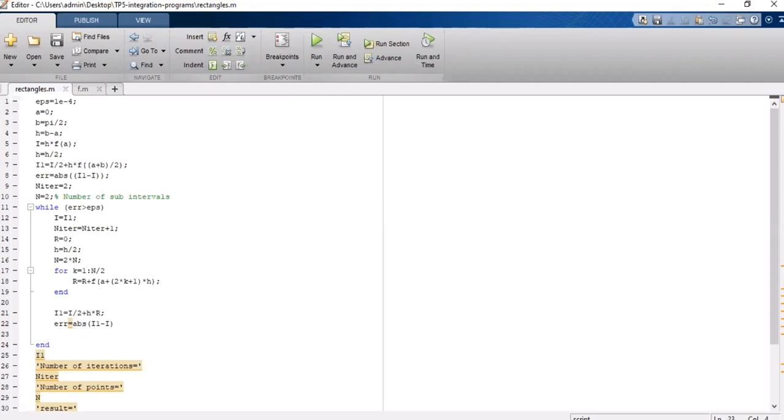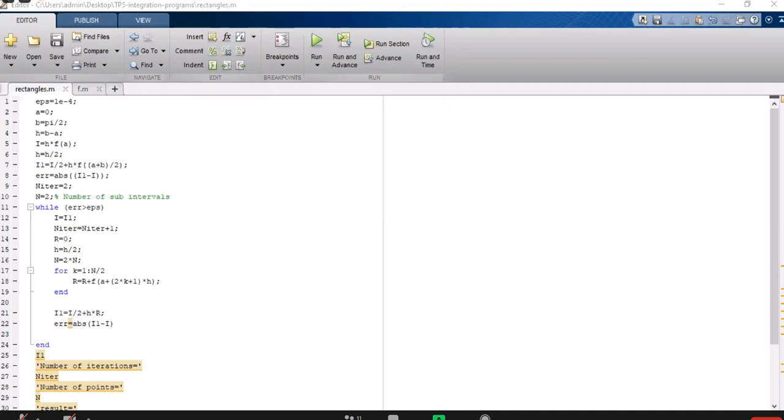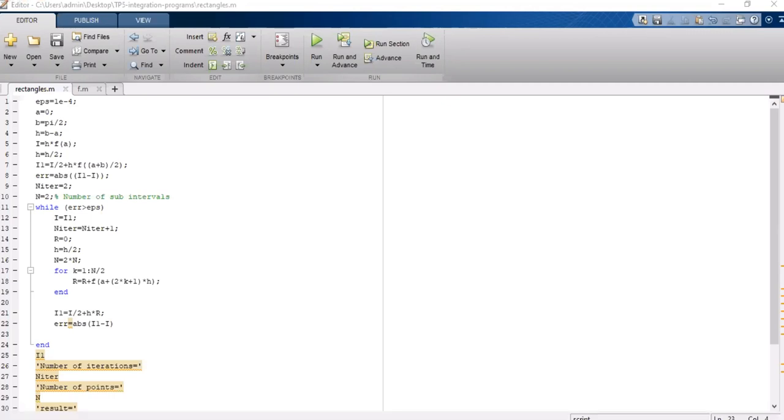Now, because the integration of sinus x from 0 till pi over 2 must be equal to 1, right?